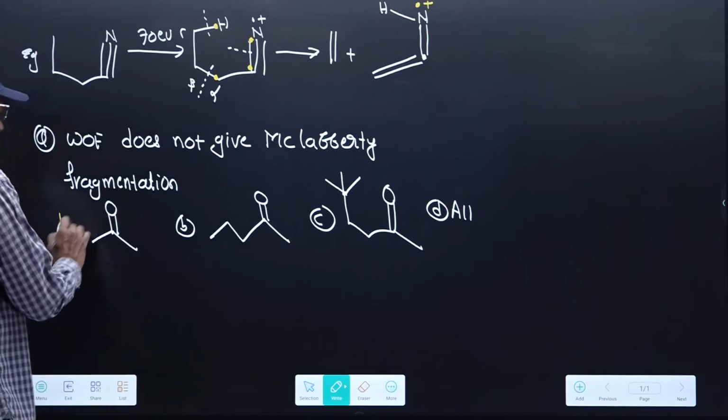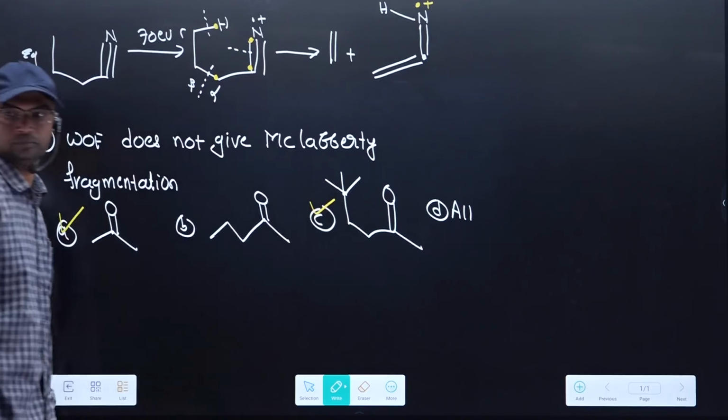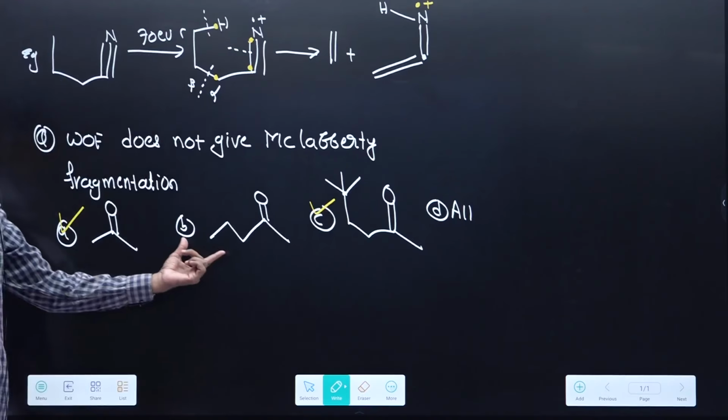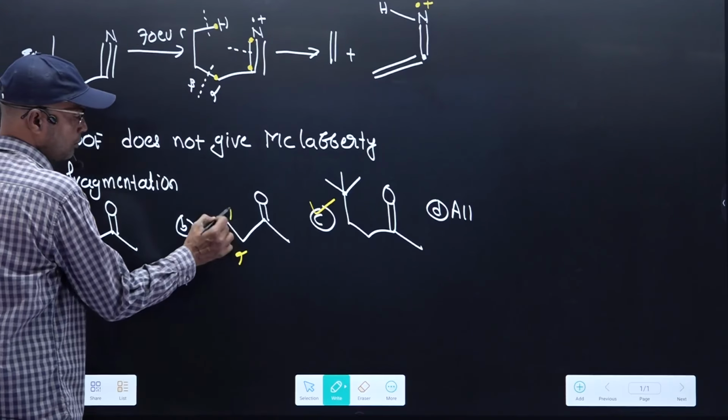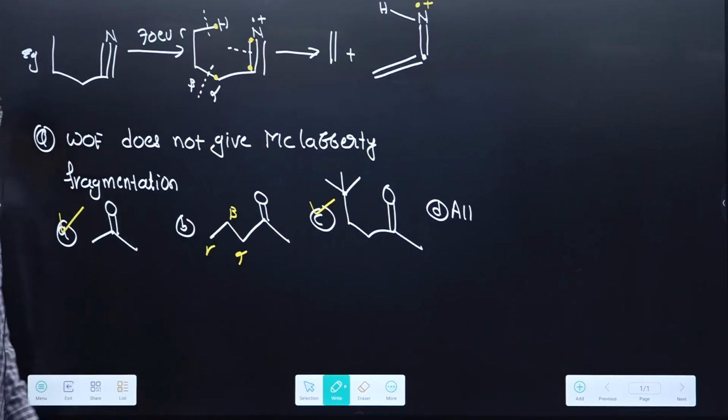Which will not give? A and C will not give. B can give because alpha, beta, gamma. Like that, questions they may give. Only McLafferty fragmentation questions are possible. Which will give McLafferty fragmentation, which will not give. Like that.